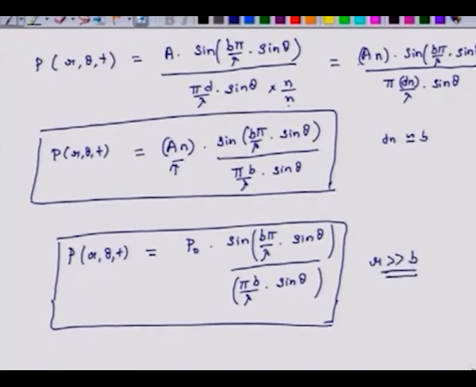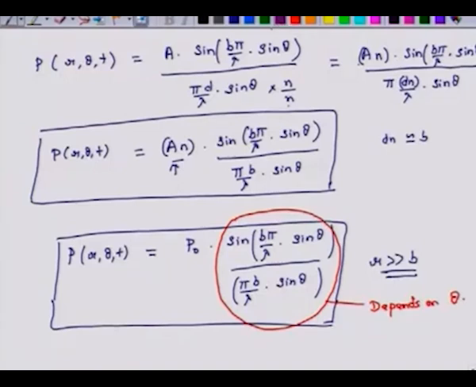Now, again in this expression, this term depends on theta.